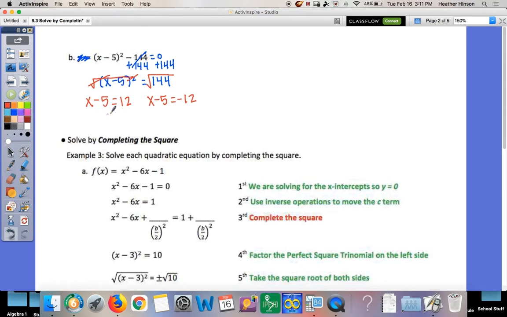So you're going to write your x minus 5 equal to positive 12 and equal to negative 12. Then we solve. How do you get rid of minus 5? Plus 5. So x equals 17 over here, and add 5 over here, and x equals negative 7.